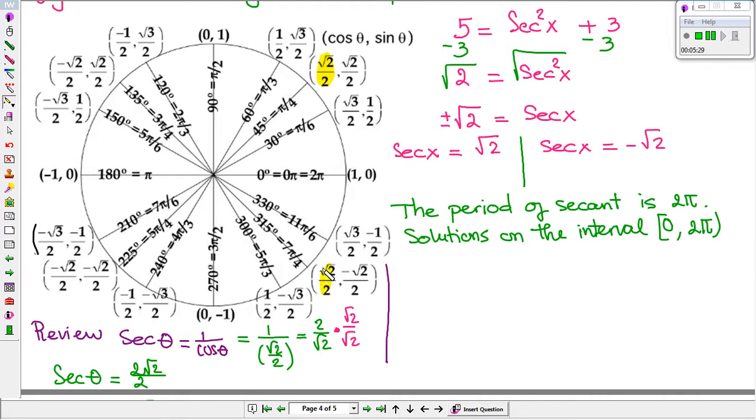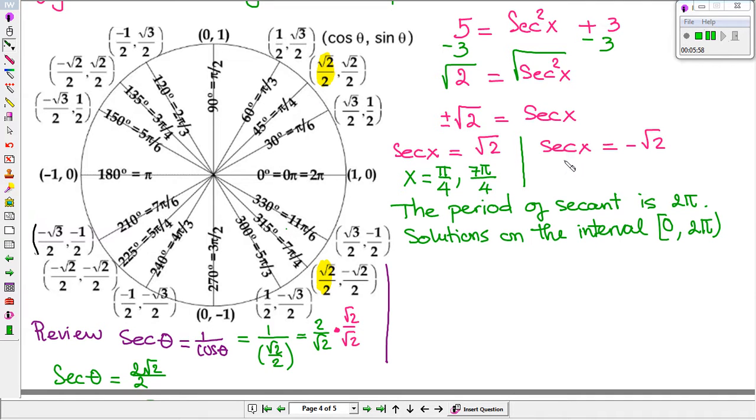We don't see it yet. Here we are. We see one here. So we have two answers. Our two angles are pi over 4 and 7 pi over 4, or in degrees, 45 degrees and 315 degrees.